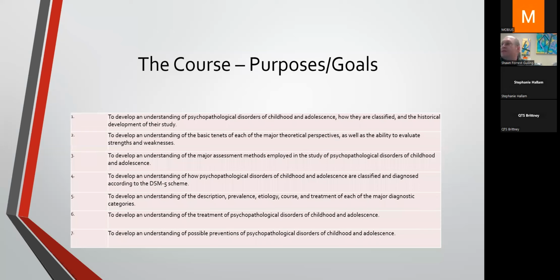The purposes and goals, I just want to have shown them a sense of theoretical perspectives, major assessment methods, how you would assess someone to decide they had a disorder, using the DSM-5 TR, developing understanding of the course and treatment of categories of diagnosis, developing possible prevention.